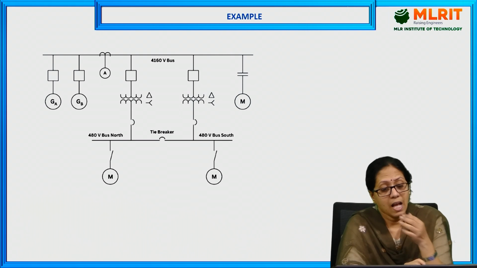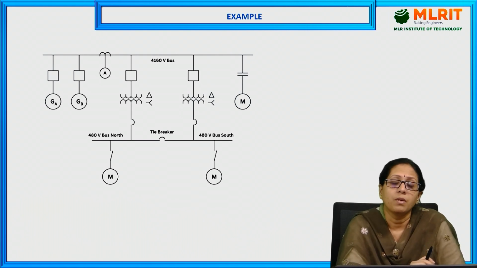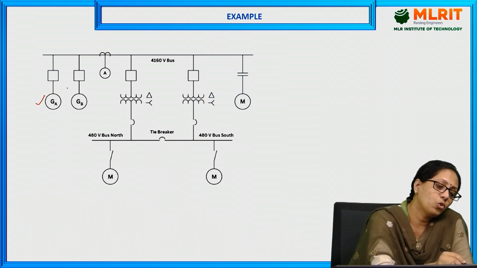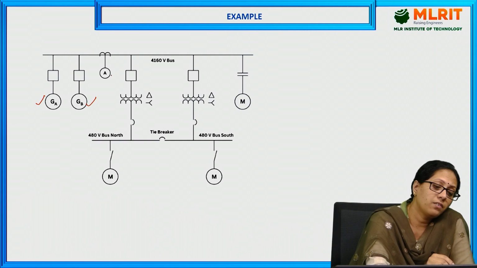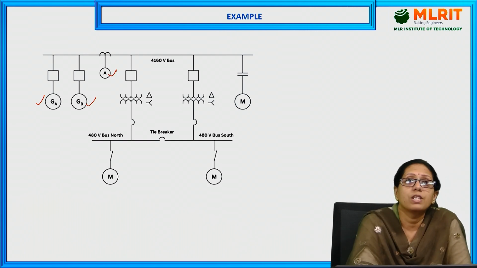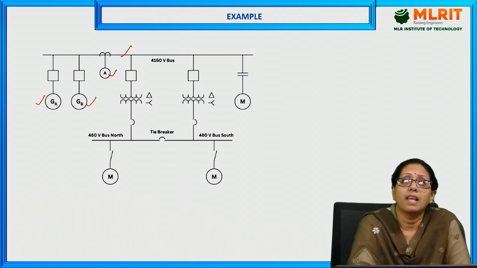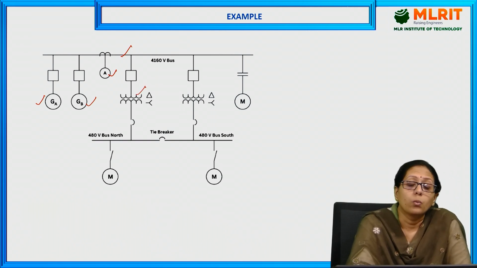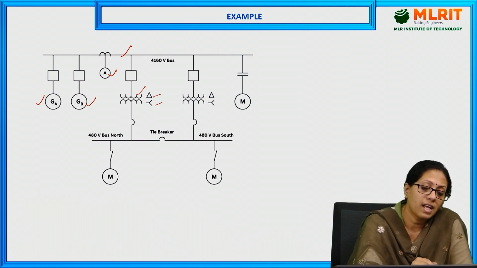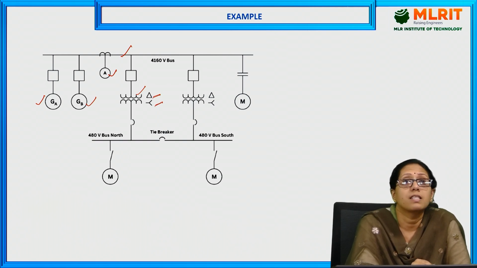This is an example of a single line diagram, a simple example, where we can see two generators, generator A and generator B. Here we can see an ammeter connected to this line to measure the line current, and here we have a transformer which is delta and star connected, with the primary side delta and the secondary side star.